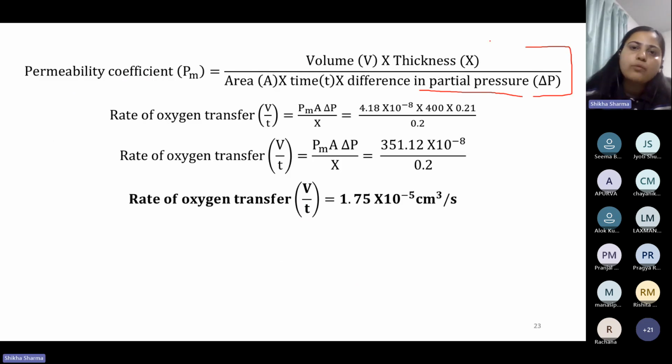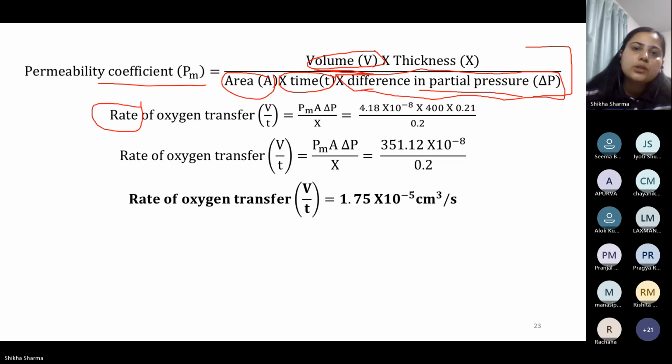Rate means volume of oxygen divided by time. So volume divided by time equals permeability coefficient into area into difference in partial pressure, divided by thickness. Okay, so we get this formula.